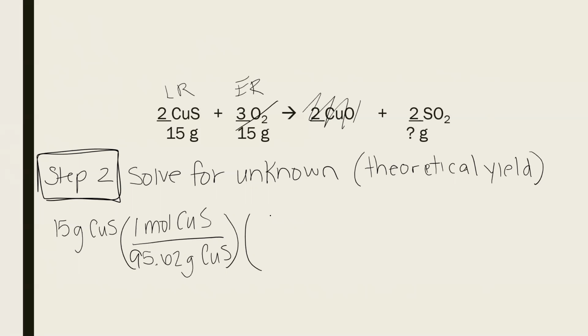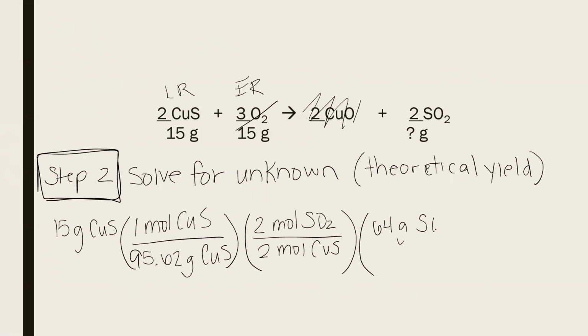Okay, now my mole ratio is going to change because my unknown has changed. Only time I'm using my coefficients. And then my unknown's molar mass is 64-ish. Remember, I'm just doing S plus O plus O. I'm not taking that times the coefficient of 2.